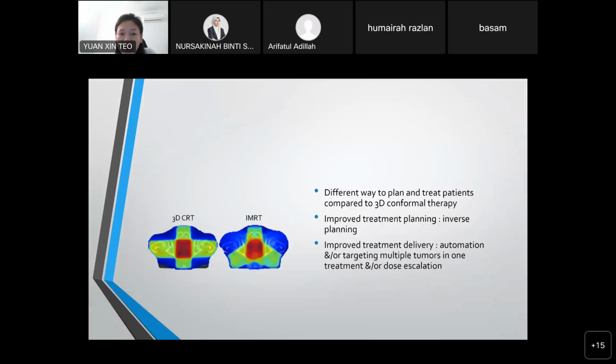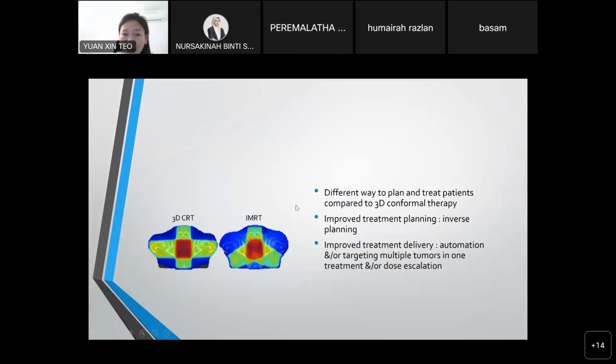So IMRT is a very different way to plan and treat patients compared to 3D conformal therapy. As I mentioned in the previous class, with the 3D technique, if you want a very conformal dose, we normally only use a 4-beam technique, which creates a box field to treat the tumor.